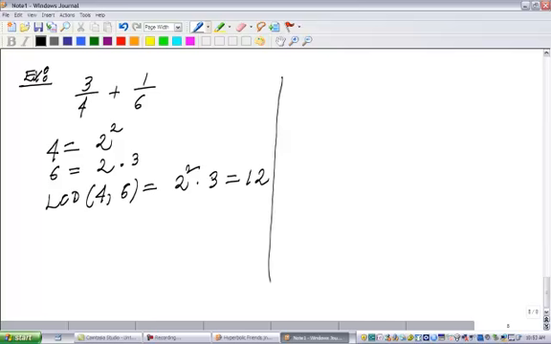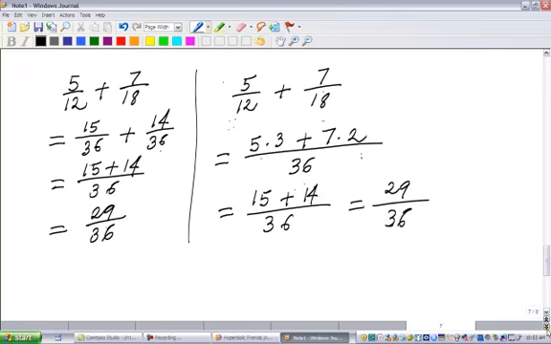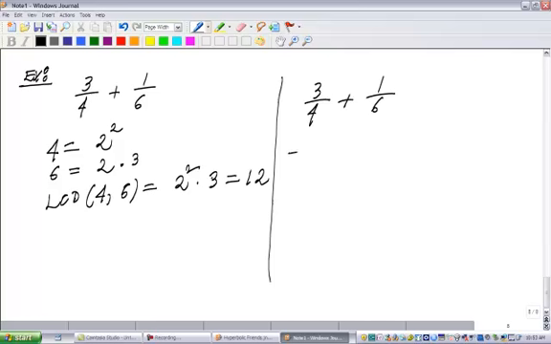So now I'm adding 3/4 plus 1/6. Okay, one way is I am going to make the denominator 12. So if I want to make the denominator 12, I have to multiply 4 by 3, right?